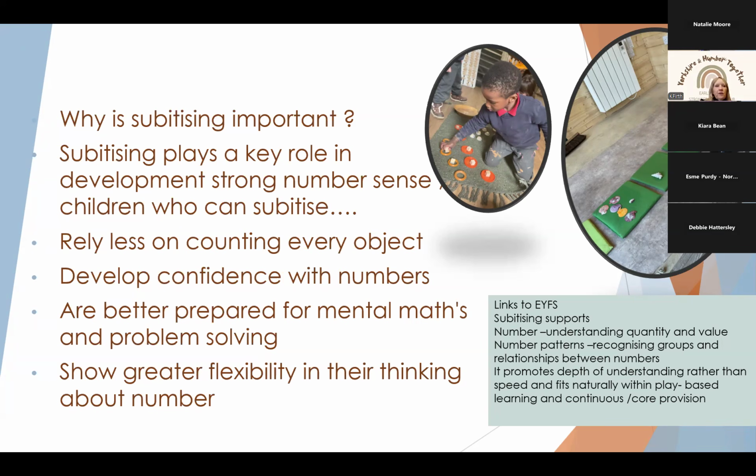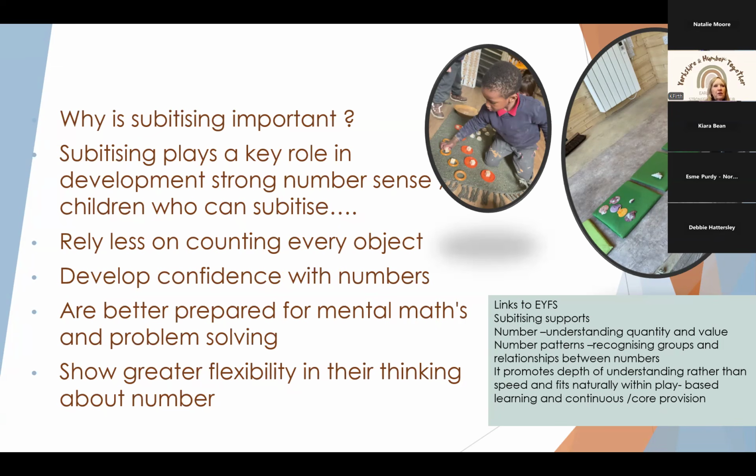You've all got your different quirks, your different natures. Some children would prefer not to talk, but they can see that they've got 5 bobs. So subitising is really important to let every child be involved. They rely less on the counting and the pressure of that. They can develop their confidence with numbers.